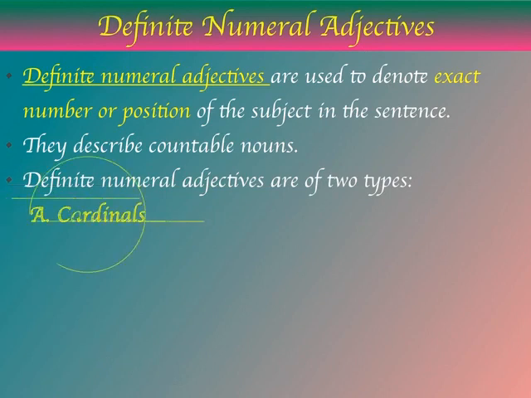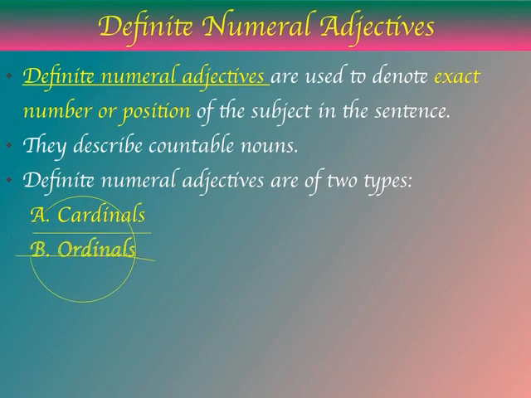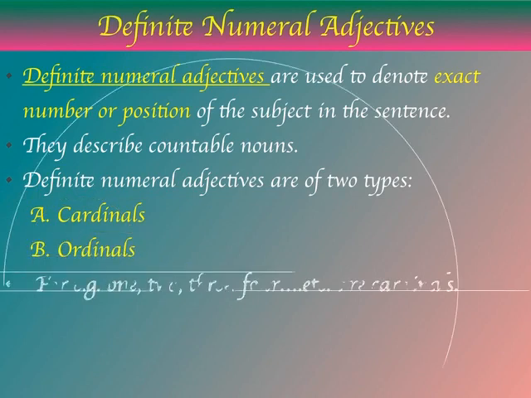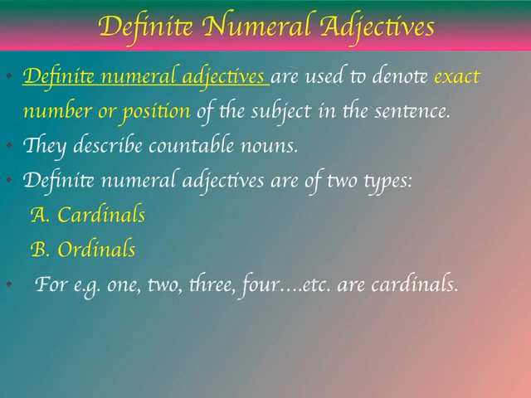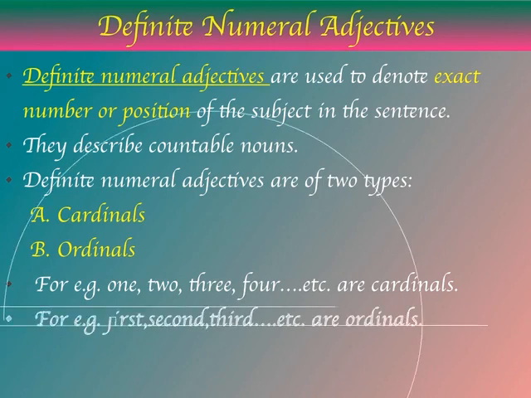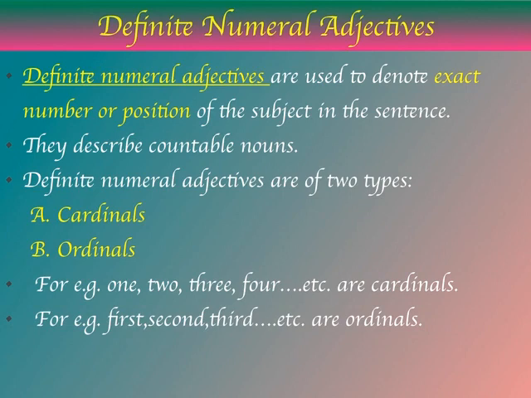The first one is called cardinals and the second one is called ordinals. Let's see some examples of definite numeral adjectives. For example, 1, 2, 3, 4, etc. are called cardinals and first, second, third, and so on are called ordinals.